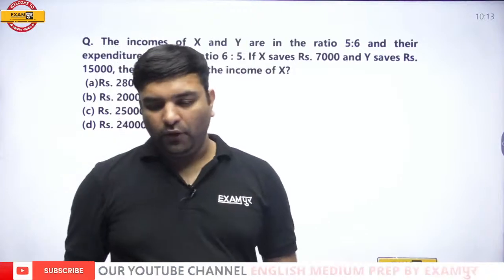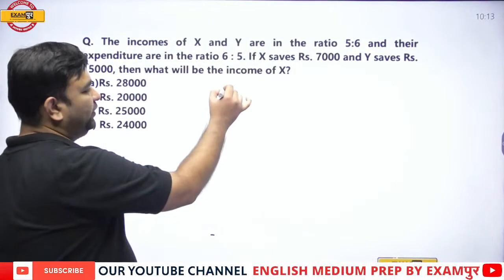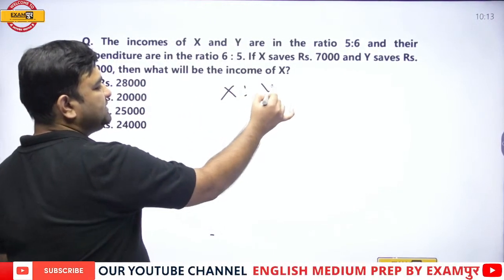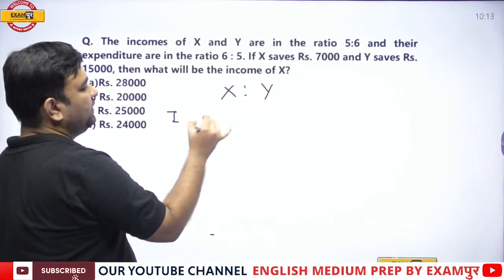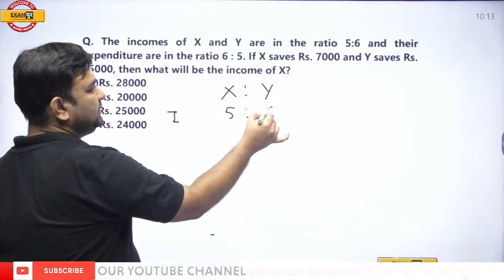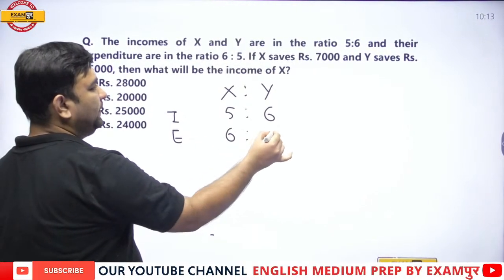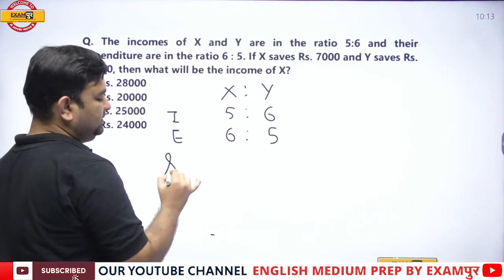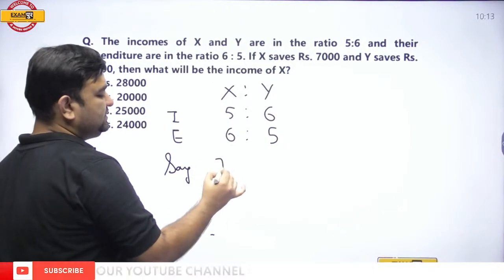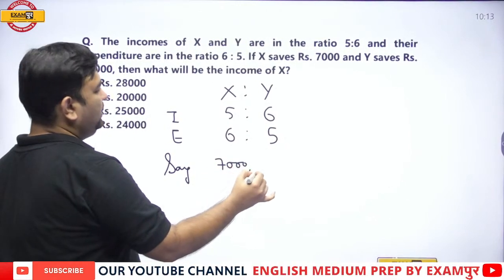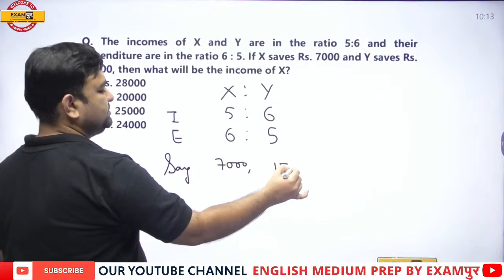This is the question I'm solving for you. X ratio Y: income, 5 ratio 6. Expenditure, 6 ratio 5. Savings, 7,000 and 15,000.